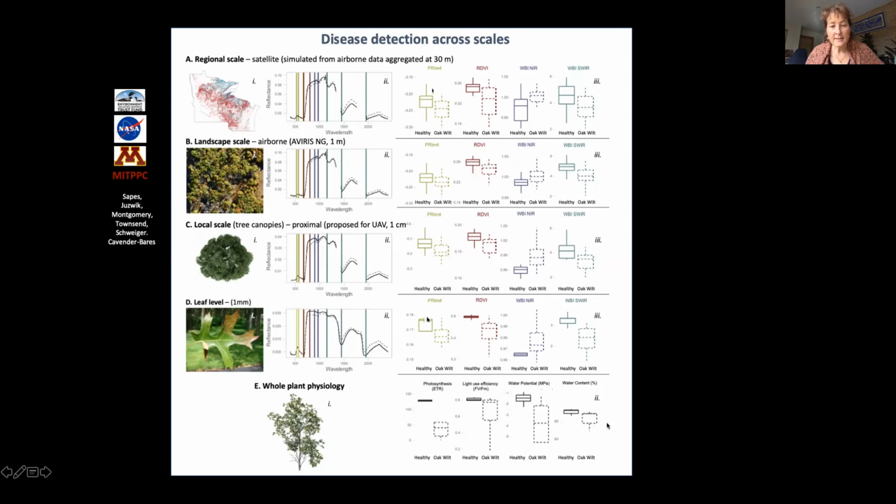Each of these indices is related to actual physiological function measured in other ways, like photosynthetic electron transport rates or light use efficiency or water potential or water content. So these indices that differentiate healthy and diseased plants are related to physiological functions that are changing as the disease progresses.